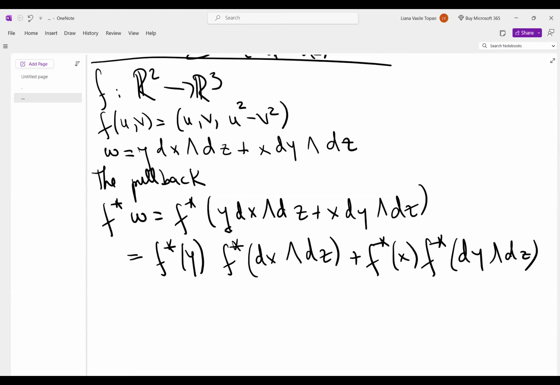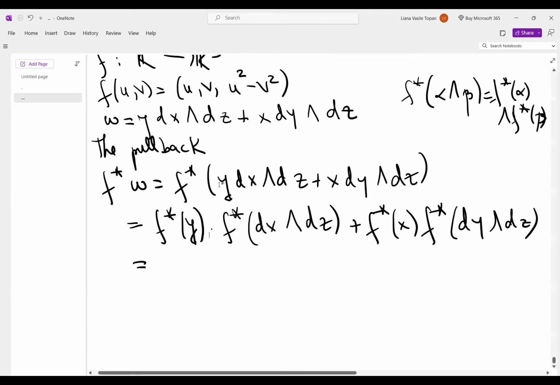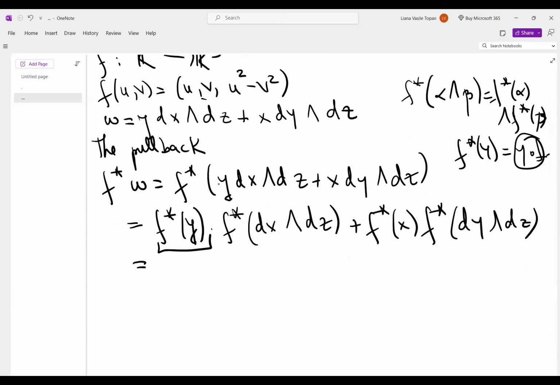You remember we apply f star, and f star of alpha wedge beta is f star of alpha wedge f star of beta. Now, because y is a function, a zero form, this product is the classical product, as we explained before with the examples of wedge products. So f star of y is the pullback of a function, y composed with f, which is v.